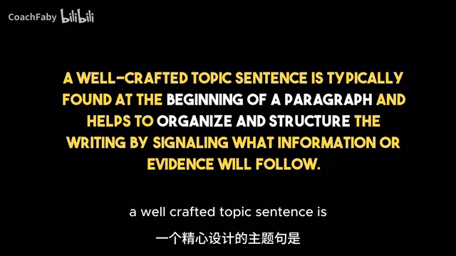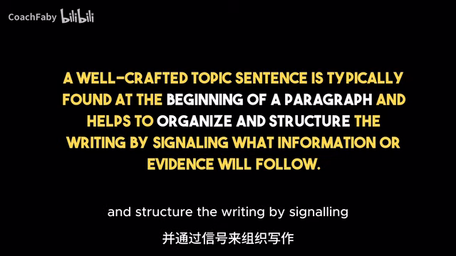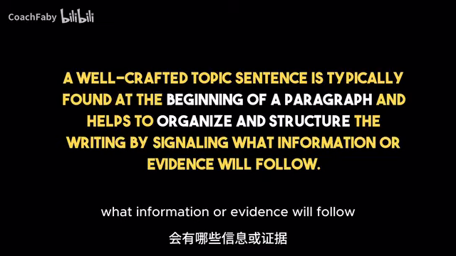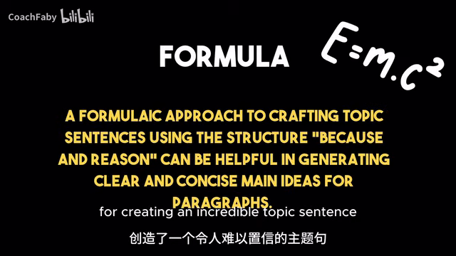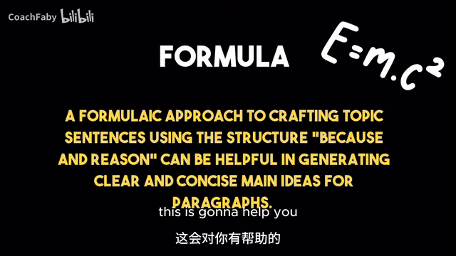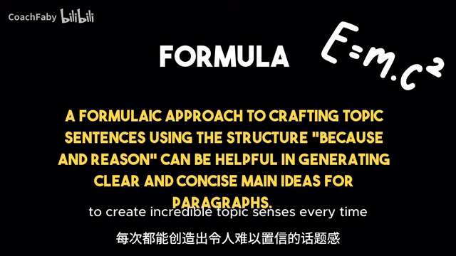A well-crafted topic sentence is typically found at the beginning of the paragraph and helps to organize and structure the writing by signaling what information or evidence will follow. So here's a formula for creating an incredible topic sentence. This is going to help you, and it's going to be simple and effective to create incredible topic sentences every time.